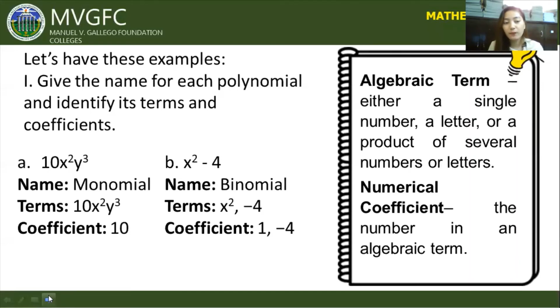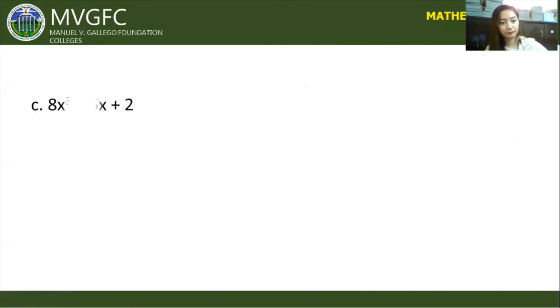So as you can see in the examples for A and B. Now, for the numerical coefficient, we have here the number in an algebraic term. Just simply the number, okay? So, for letter A, we have 10, of course, and for letter B, since this is a binomial, we have 1 and negative 4.